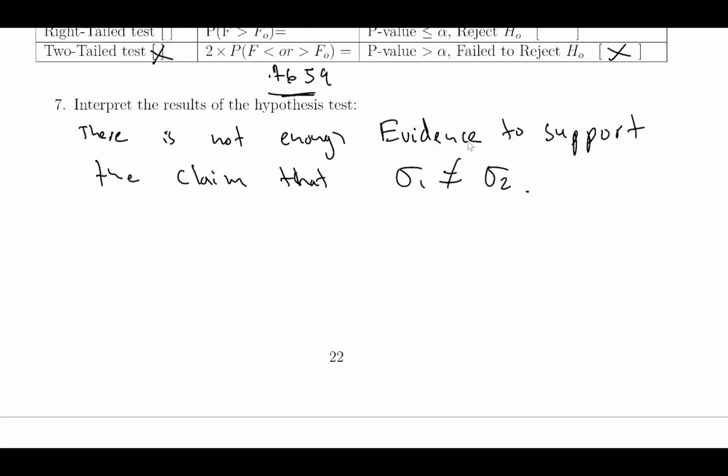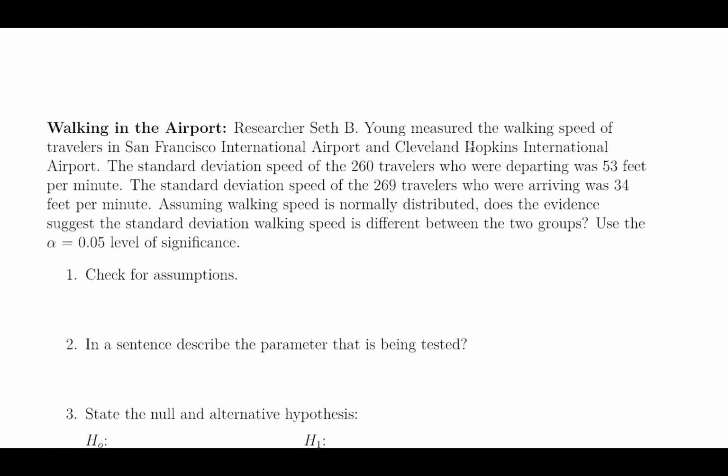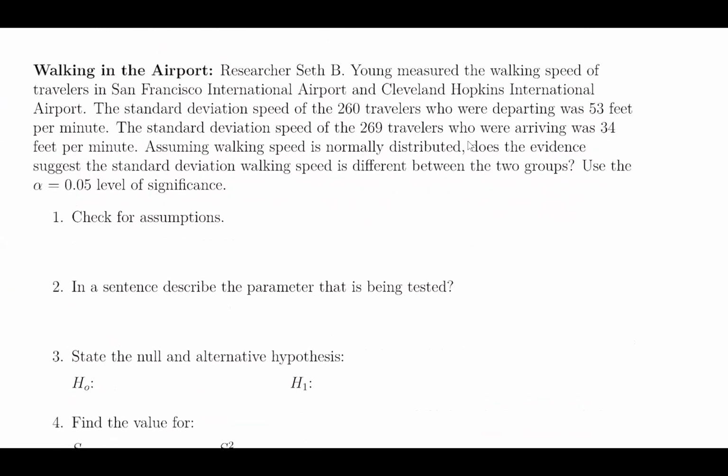So quiet today. All right, so let's do an actual word problem. So for this one, say walking in the airport. So it says researcher Seth B. Young measured the walking speed of travelers in San Francisco International Airport and Cleveland Hopkins International Airport. The standard deviation speed of the 260 travelers who were departing was 53 feet per minute.